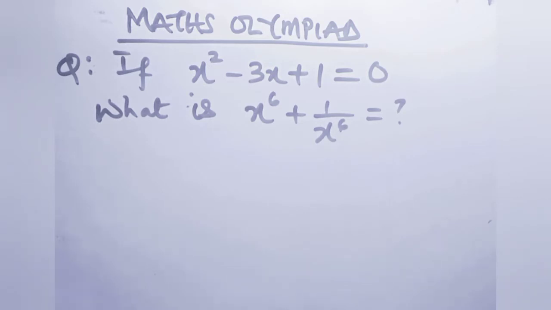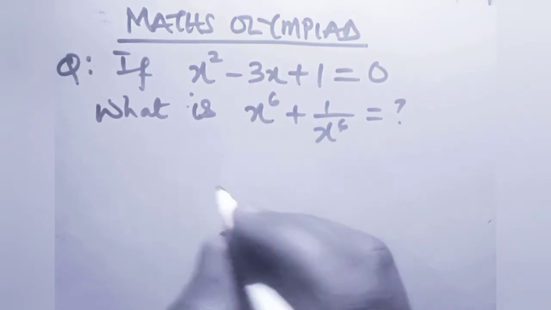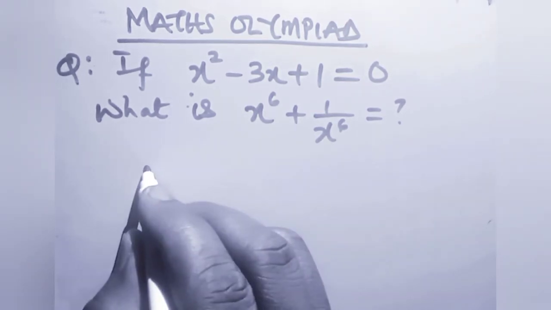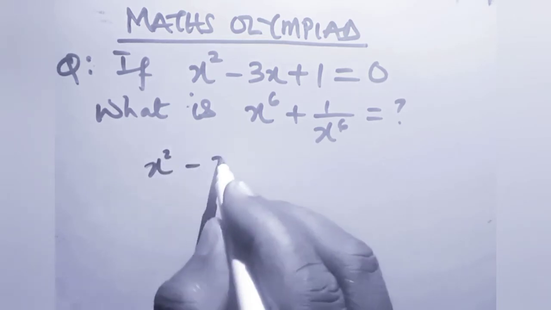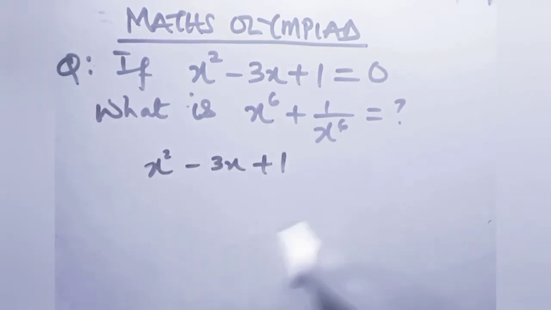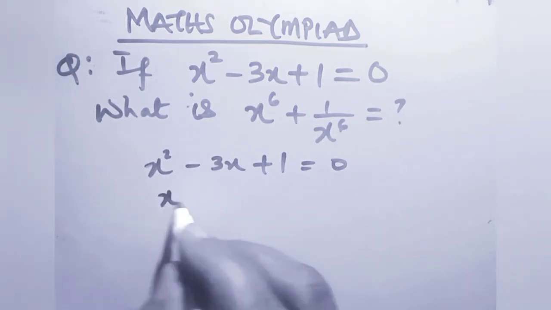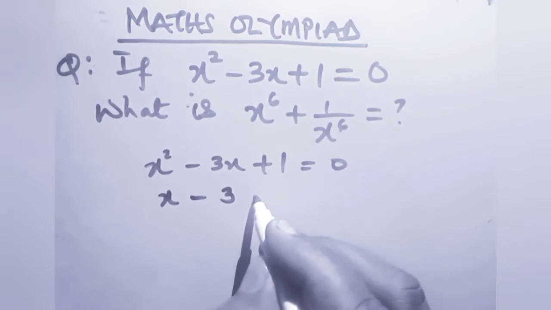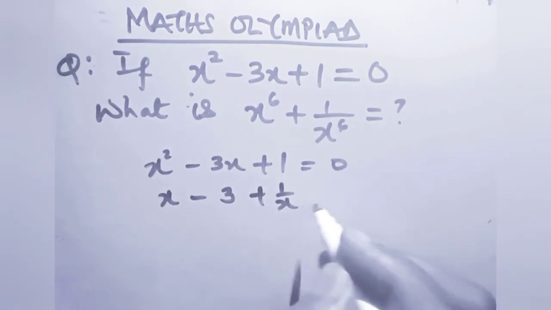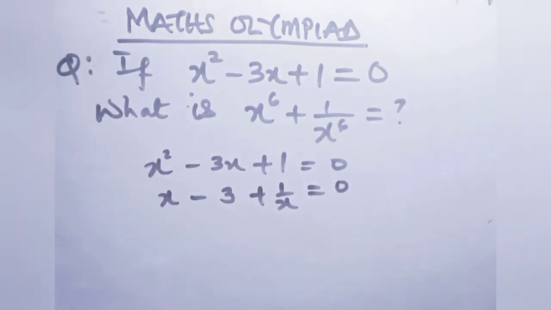So what we are going to do is a kind of rearrangement to the quadratic equation. Now, solution, if I have x squared minus 3x plus 1 equal to 0, if I divide through by x, I'm going to have x minus 3 plus 1 over x equal to 0.